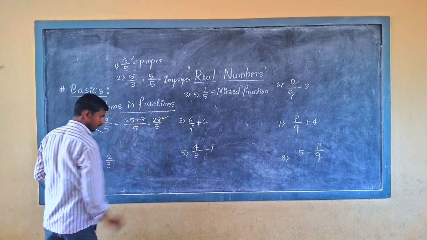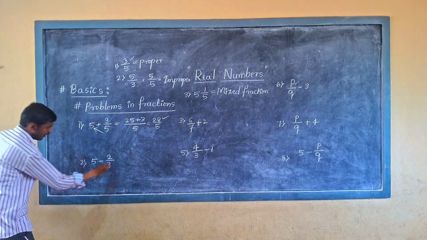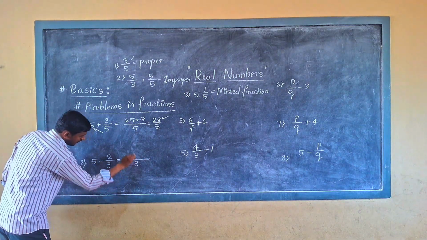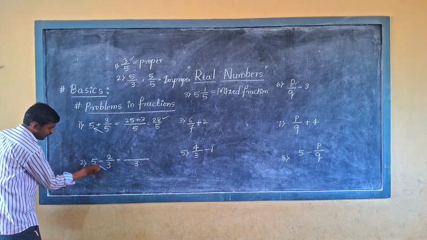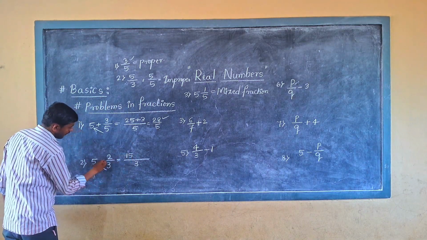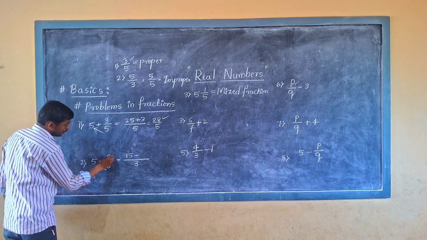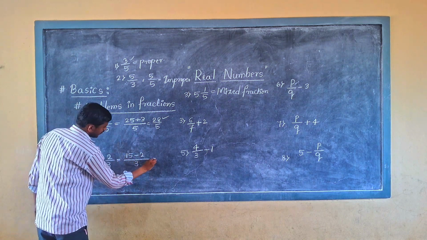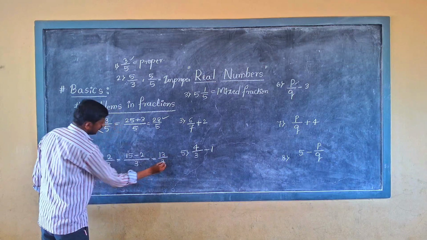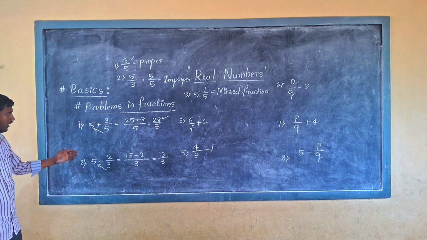This is the answer. Another problem: equal to and put the dash. Here the denominator is 3, and 3 fives are 15 minus 2 is equal to 15 minus 2 is 13 upon 3. Look here, dear students.